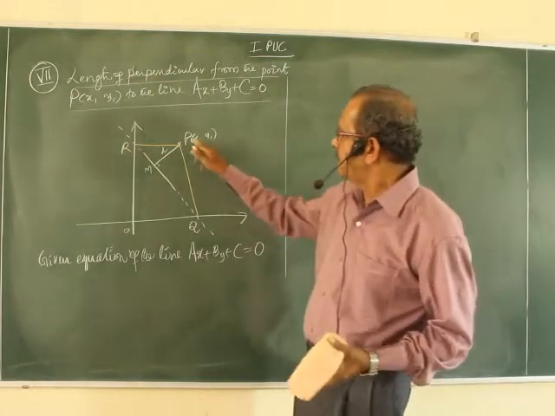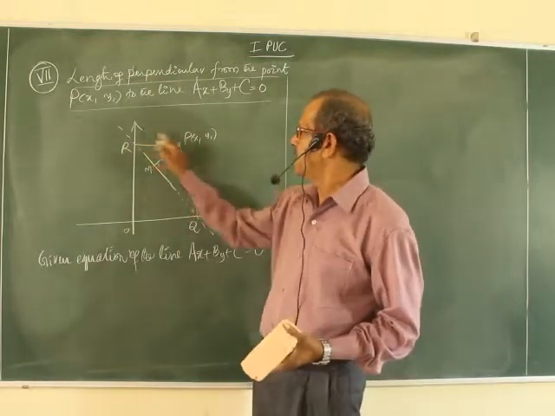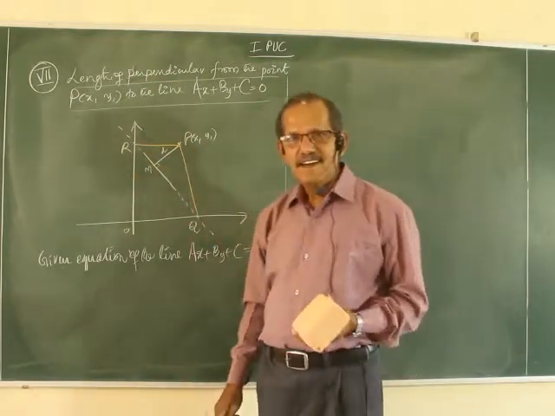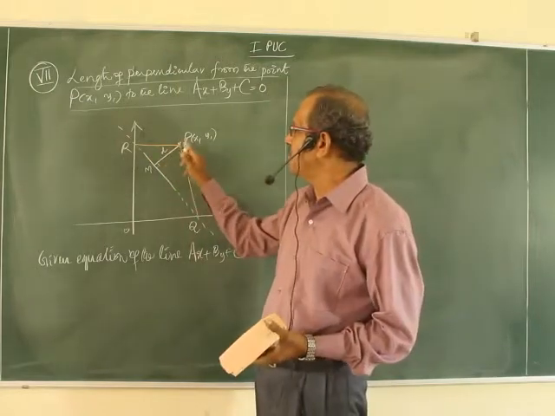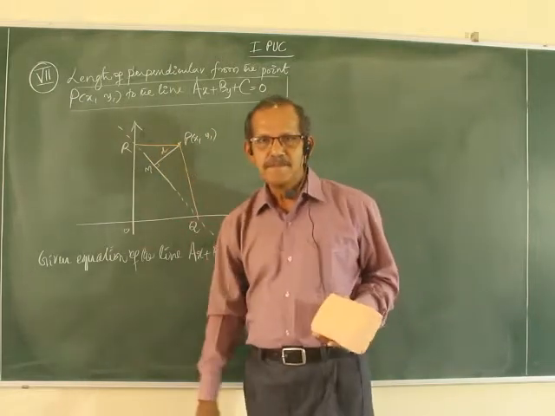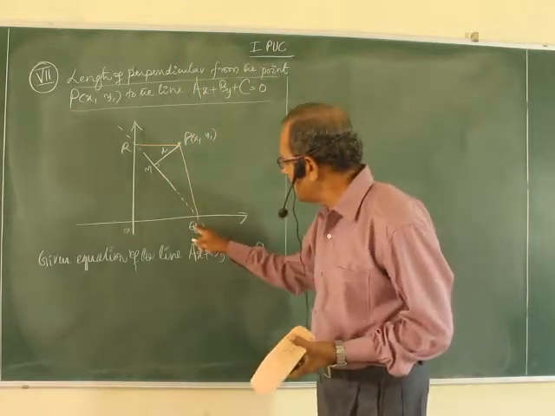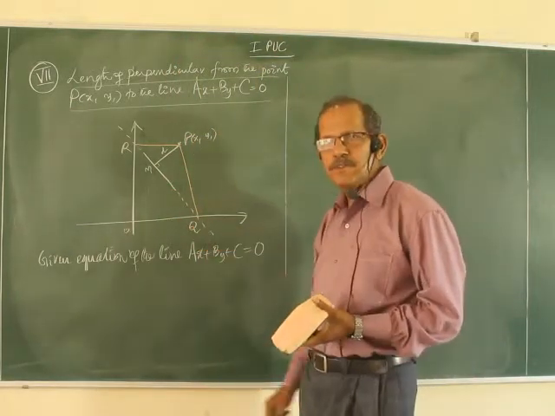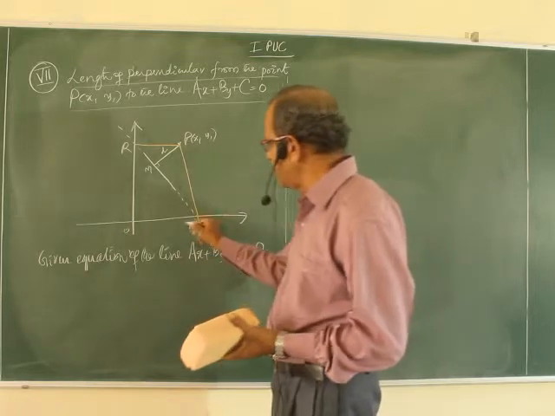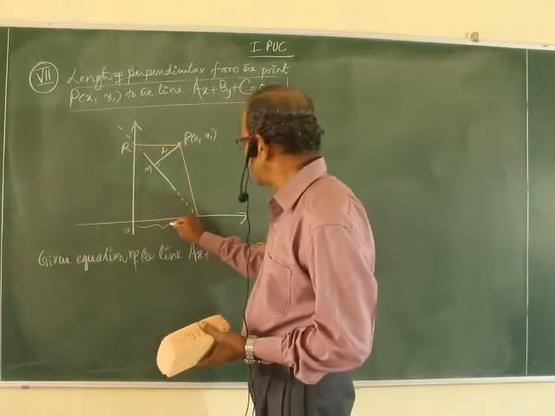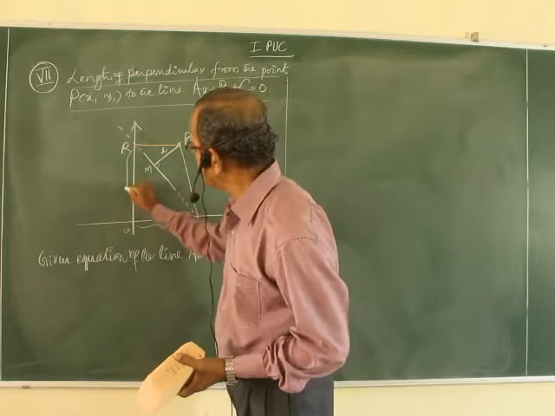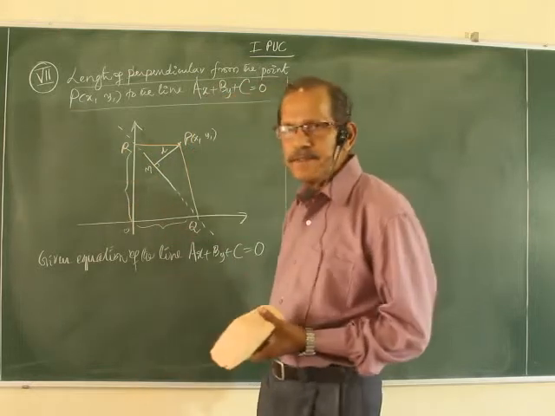Which triangle? PQR triangle. Altitude, height of the triangle is actually d. Correct? Now, can you write the coordinate of this Q? Coordinate means this distance, x coordinate. This distance, y coordinate of point R.